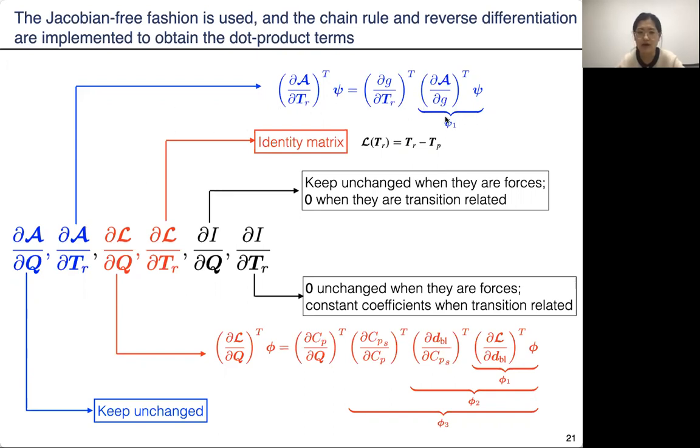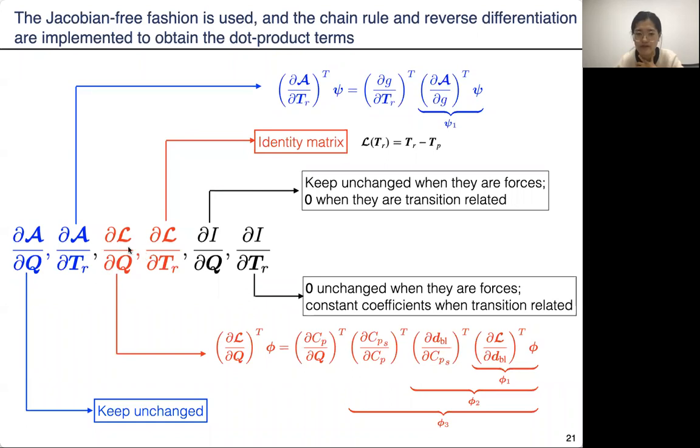In the whole coupled adjoint solution, we use the Jacobian-free function. So we do not need to calculate the Jacobian matrix. We only need to calculate the transpose of the matrix product with the adjoint vector, and finally we only need to get a vector.